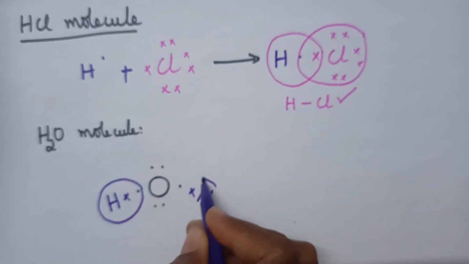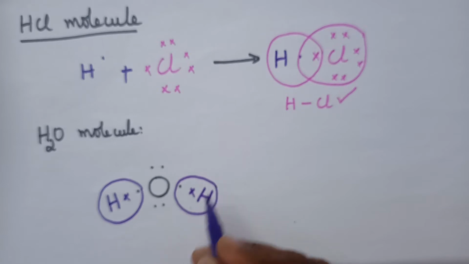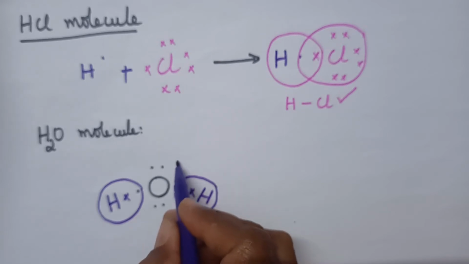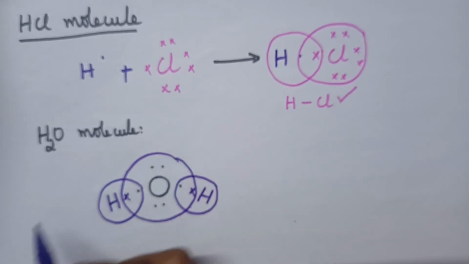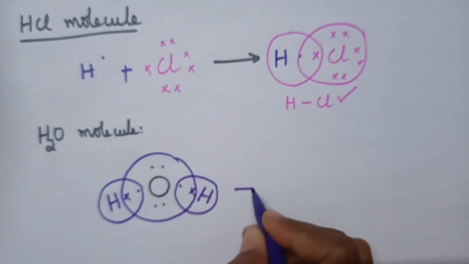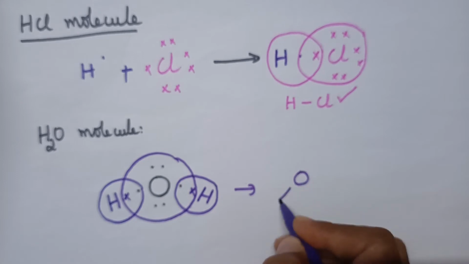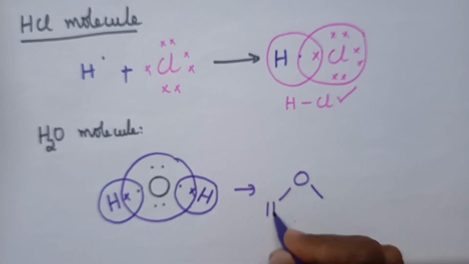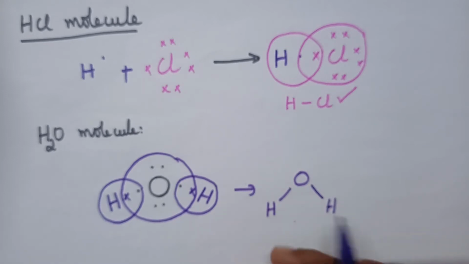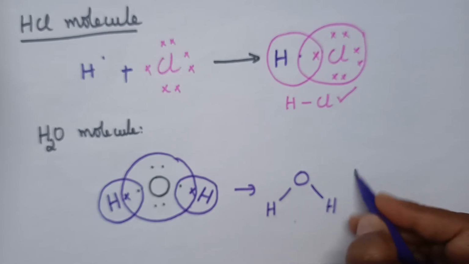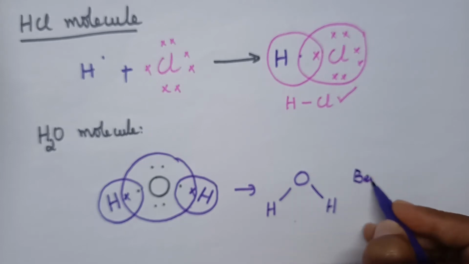A pair of electrons will be shared between oxygen and hydrogen. With the result, the oxygen also acquires 8 electrons, and hence a covalent bond will always be present between each hydrogen and oxygen. Because of the sharing of these electrons, the water molecule acquires a bent structure.